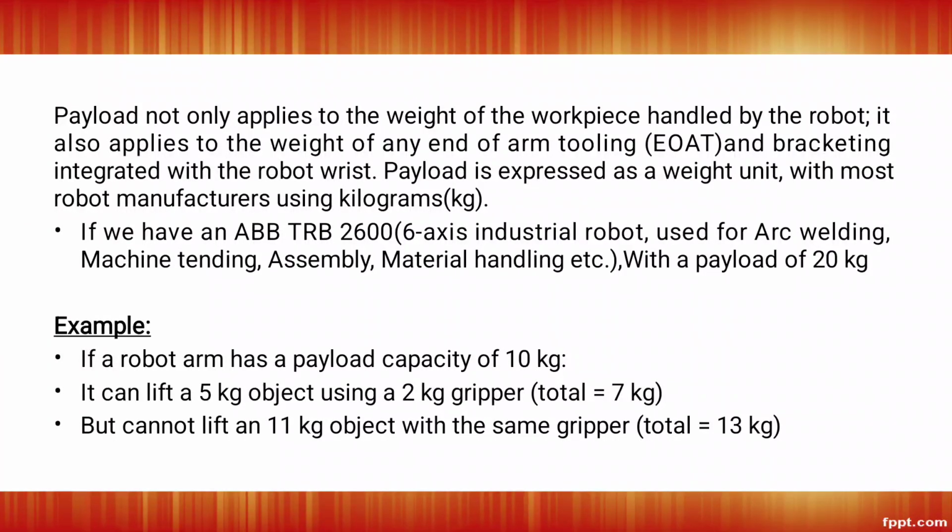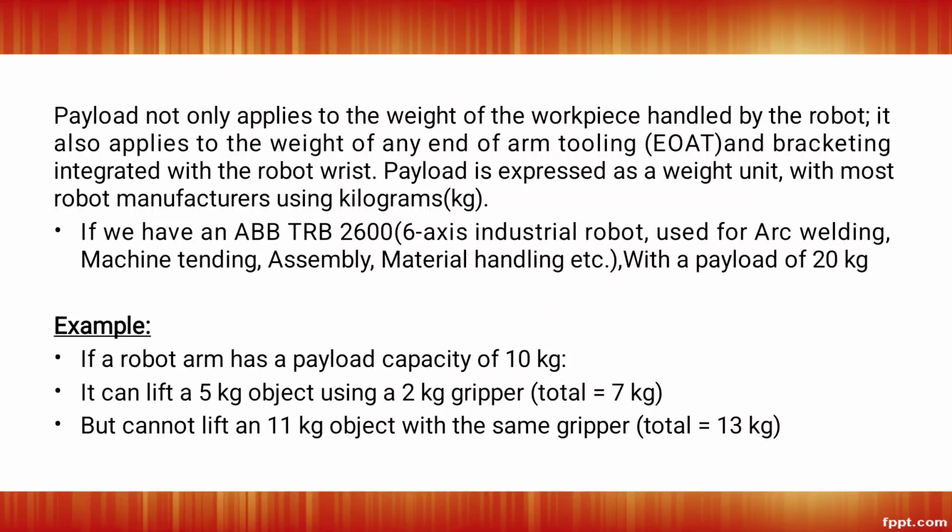For example, of a payload carrying capacity, if a robot arm has a payload capacity of 10 kg, it can lift a 5 kg object using a 2 kg gripper. 5 plus 2, total 7 kg total weight.